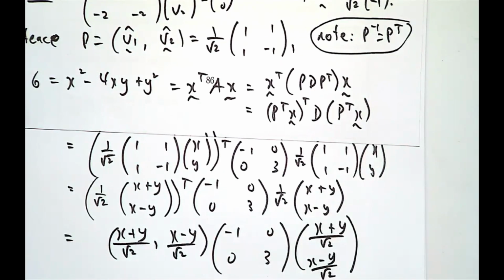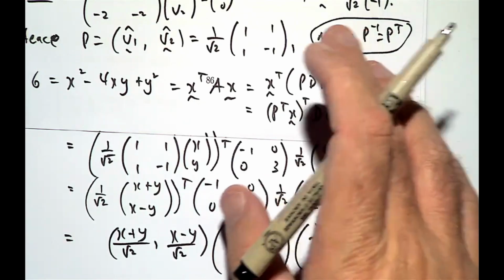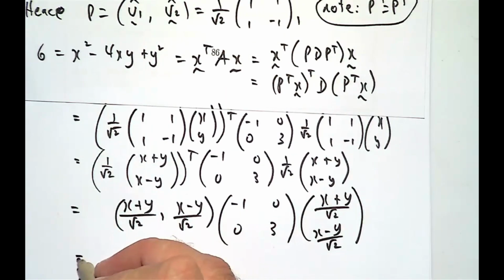Okay? If we expand this, what are we going to get? Well, negative times that, 0 times that. Let's do it and see what happens. If you expand this, what are you going to get?